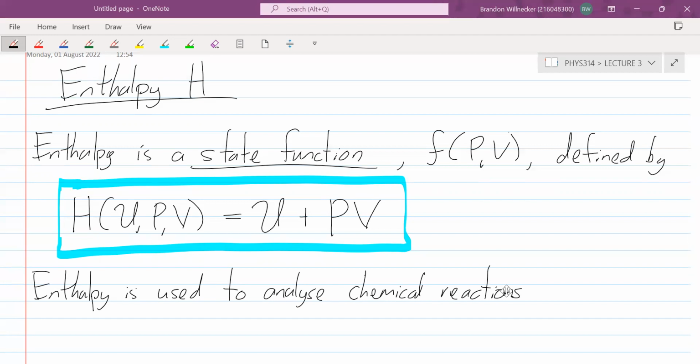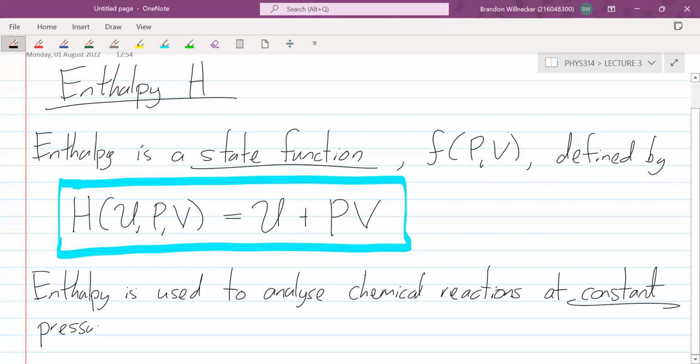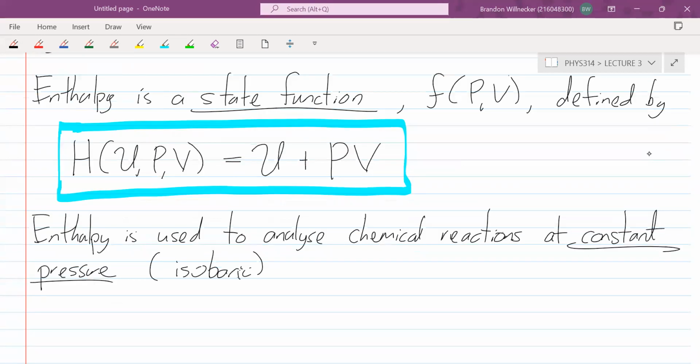So analyze chemical reactions at constant pressure. Constant pressure. Okay, in other words, isobaric processes. Okay, so at constant pressure or isobaric. Okay, to give the heat of the reaction.